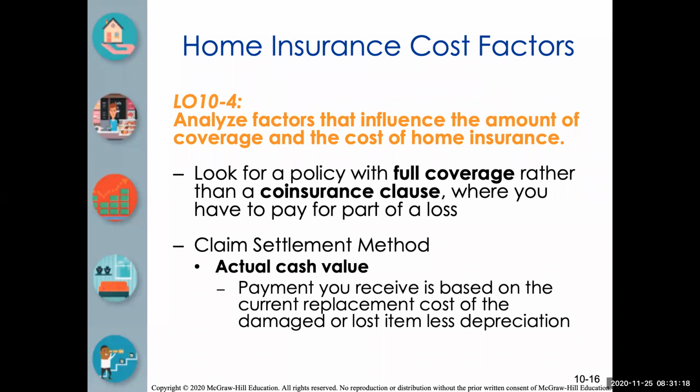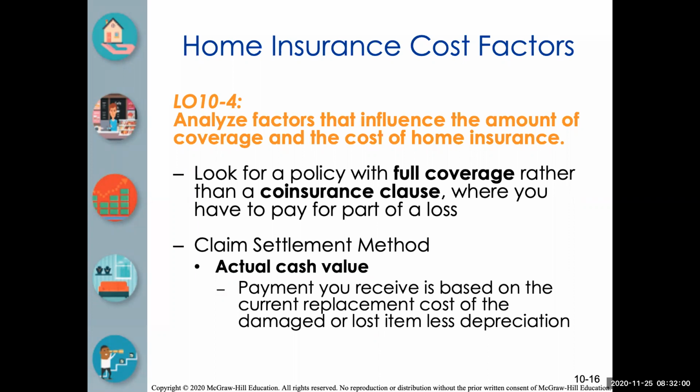And then we get into, how does the insurance company go about calculating the value of the loss? There are two different ways they're going to look at it: either from an actual cash value standpoint, or a replacement value standpoint. When we think about actual cash value, what you receive from the insurance company is based upon what that item would cost from a replacement standpoint, less depreciation.